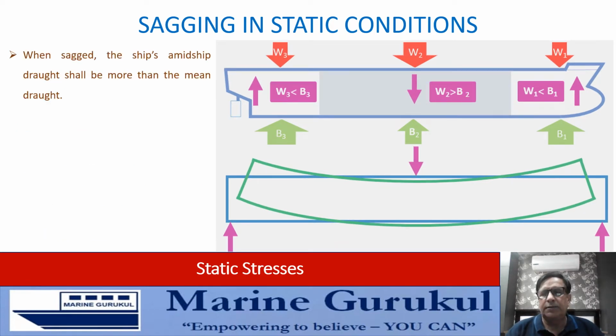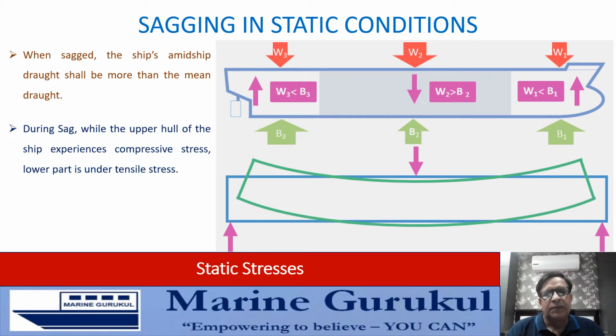When sagged, the ship's midship draft shall be more than the mean draft. Why? Because the ends have moved upwards, the draft at the ends has reduced, so would be their mean. The midship region has bent downwards, so the midship draft has increased, so therefore the midship draft shall be more than the mean draft.